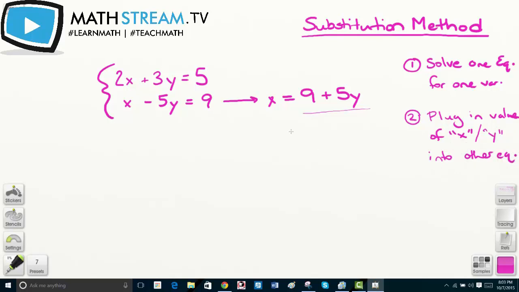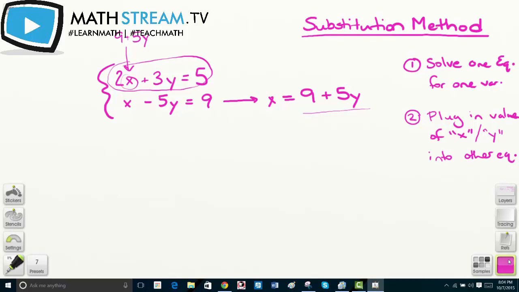And here's how we do that. We say if x is the same thing, that's what it means to say it's equal. If x is the same thing as 9 plus 5y, then I could actually come to this other equation here. And instead of x, I could replace it with 9 plus 5y. Let's see what happens when I do that.